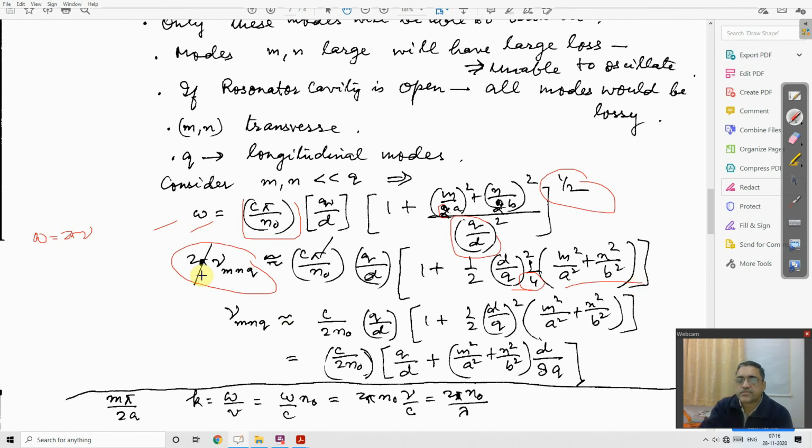Simplifying, we see c by 2 n naught, q by d, and 1 plus half (d by q) squared bracket m squared by a squared plus n squared by b squared, and finally we get c by 2 n naught, q by d, bracket m squared by a squared plus n squared by b squared, into d by 8q, multiplying it within.